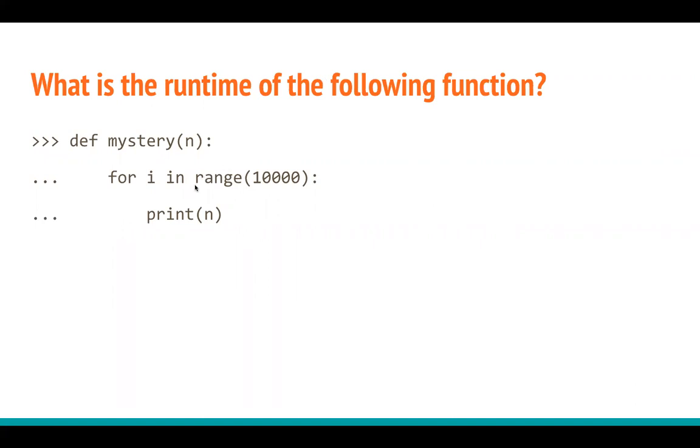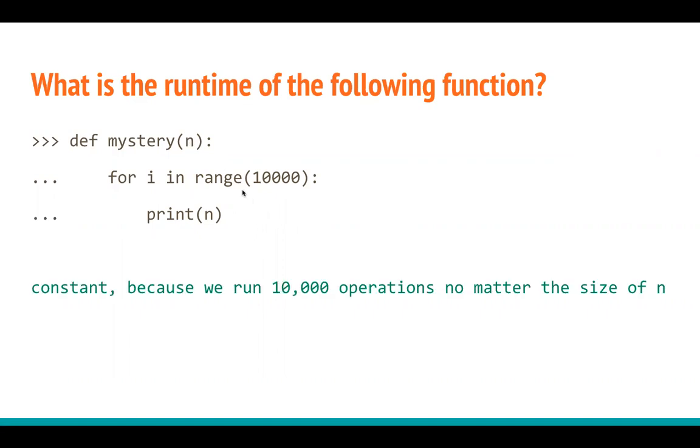Then for i in range 10,000, we print n. No matter what this n is, this function is going to take 10,000 operations because that's how many times we're iterating, and every operation we just print something. So the runtime is not dependent on our n here. This would be a constant time function.